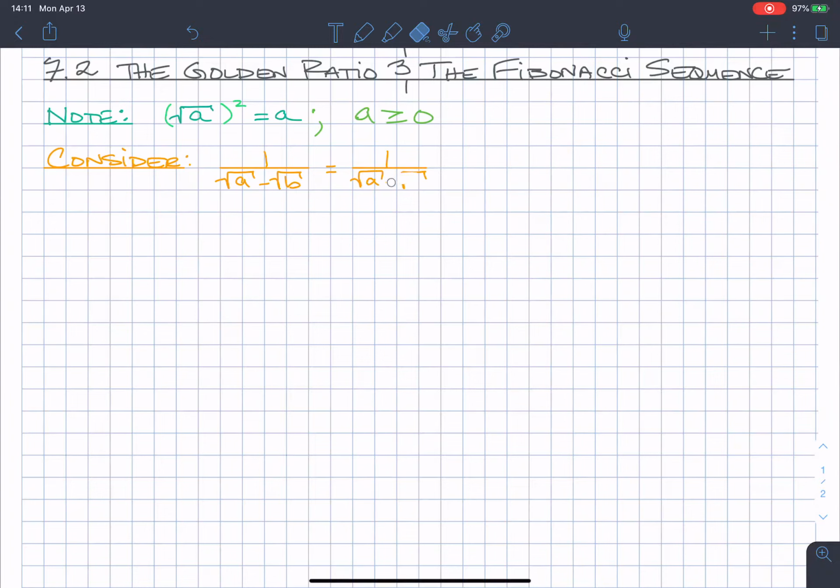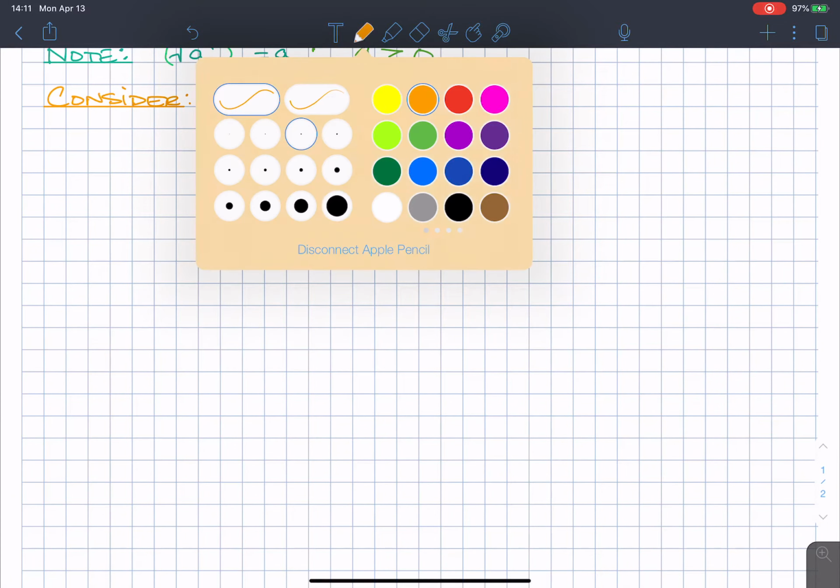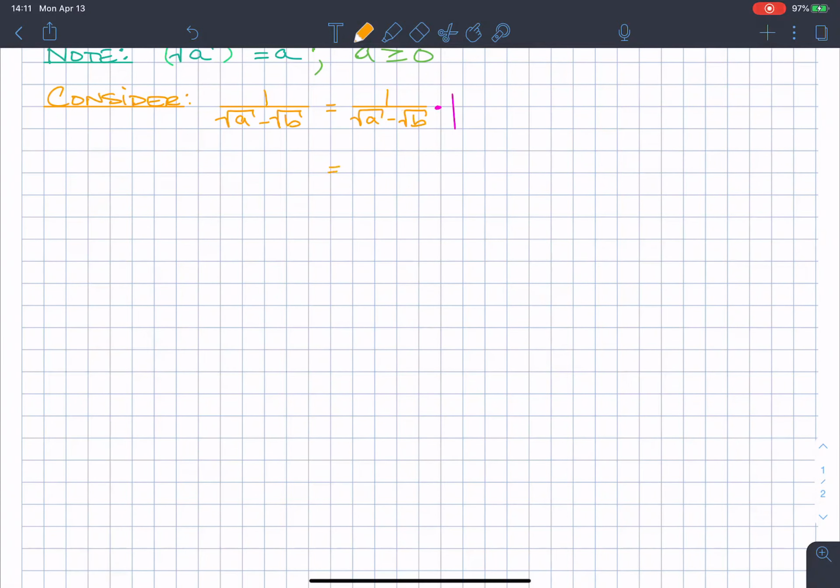So I can multiply this by 1, and it won't change anything, because anything multiplied by 1 is just itself. Only in this instance, that 1, I'm going to make a very specific 1.